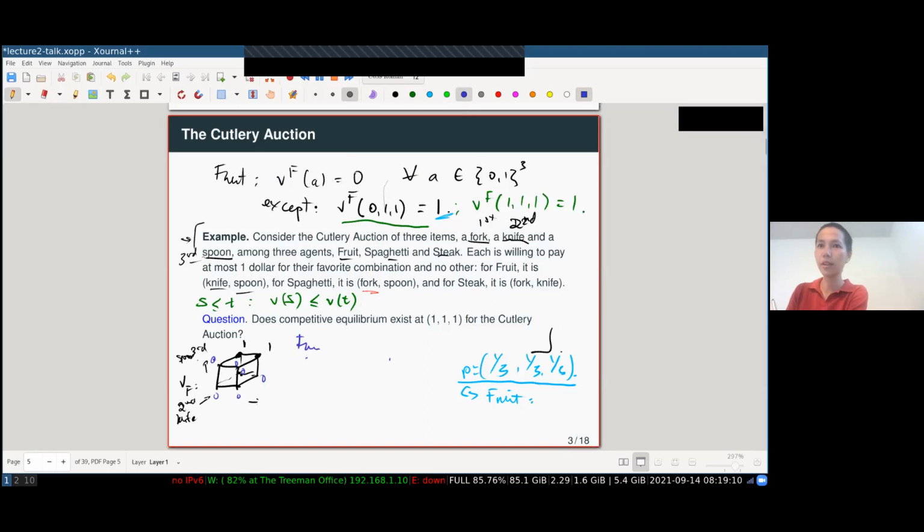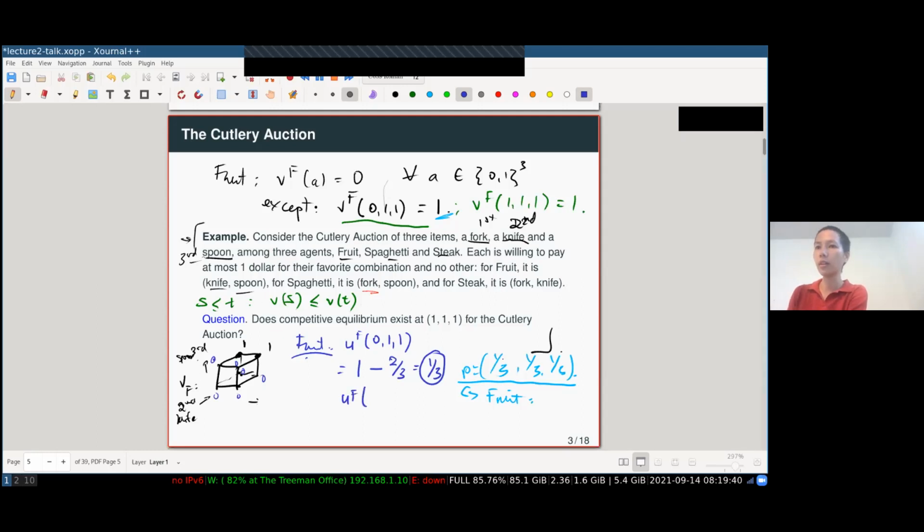Okay, so for fruit, I think there are only 2 points that we have to check. One is the utility for fruit at 0, 1, 1. That would be 1, minus, so if fruit were to get the assignment of just 2 items instead, if they just get their 2 favorite items, then they have to pay 2/3, and so their utility for that bundle is 1/3.